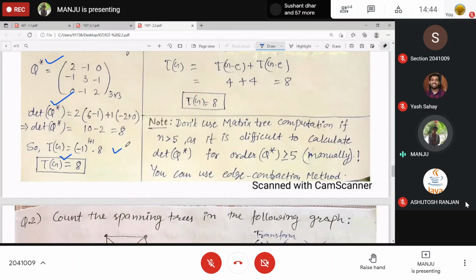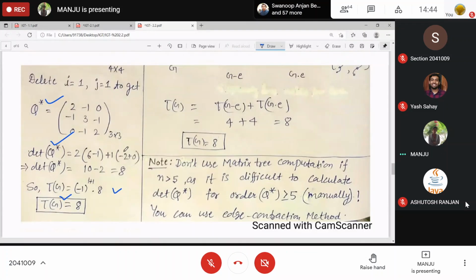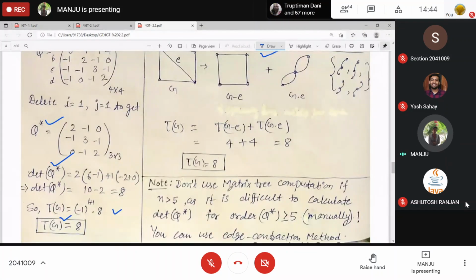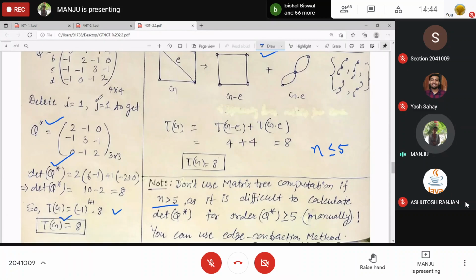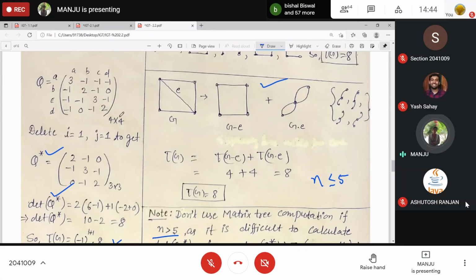If it is minus 8, you just write the modulus of that. Okay, this matrix tree computation is helpful whenever n is at most 5, because after 5, when the number of vertices is greater than 5, this Q matrix will be of 6 by 6 order, then Q star will be 5 by 5, right?